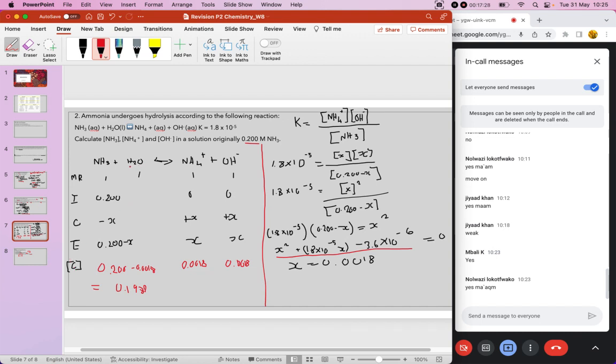Now, I have a question for you guys. As you can see, we have been given the initial number of moles of ammonia at 0.2. But why are we not given anything for water? What could be the reason?